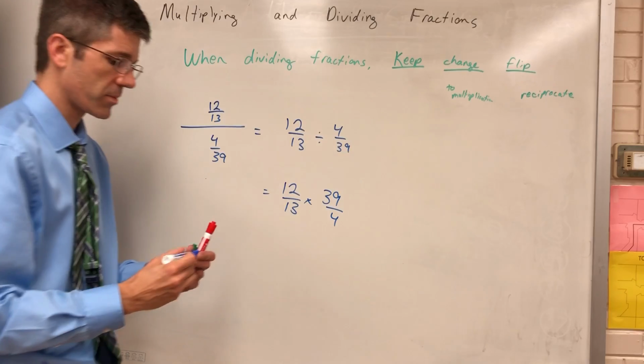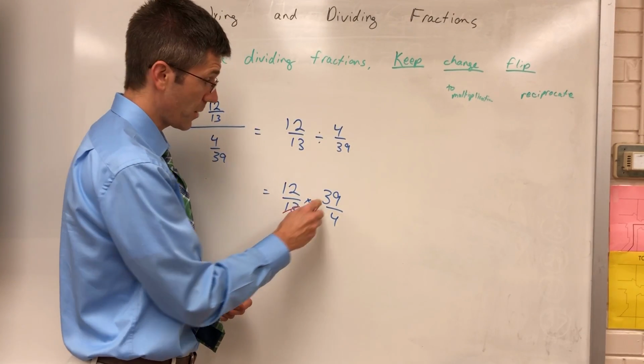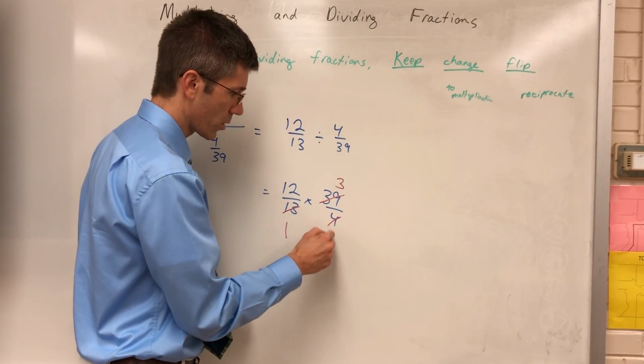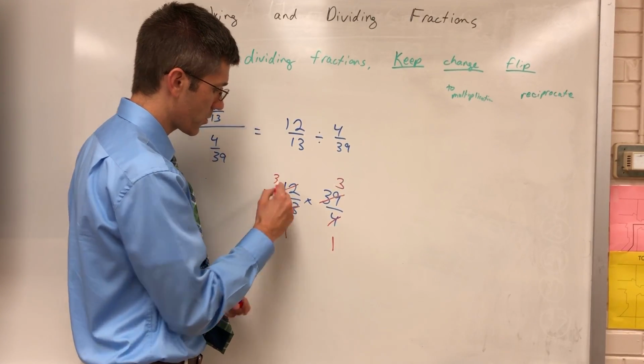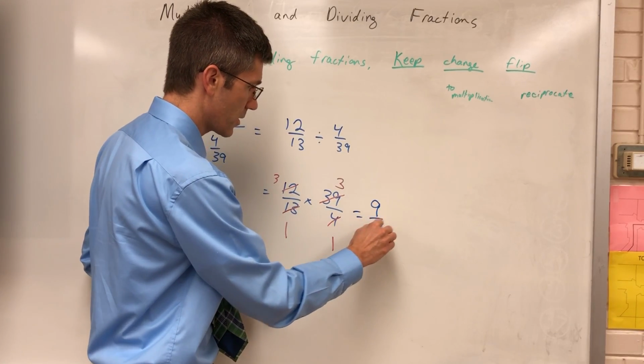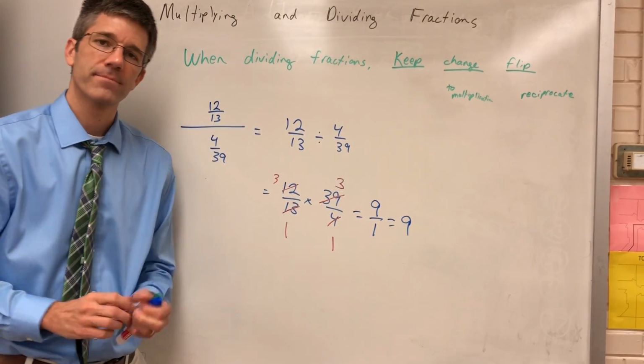Let's start reducing some things. So, let's see. 13 goes into itself one time. 13 goes into 39 3 times. Not obvious, but it works. 4 goes into itself once. 4 goes into 12 3 times. All right, here we go. 3 times 3, 1 times 1, 9 over 1. There we go. We're done.